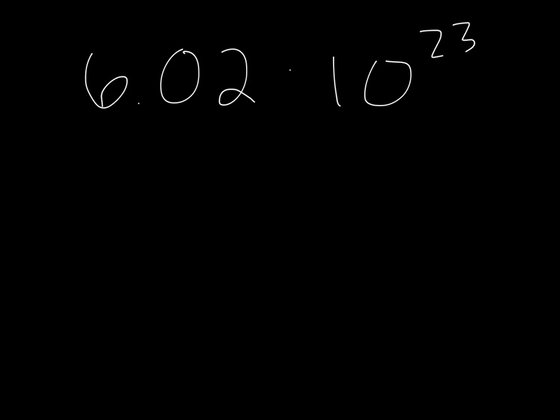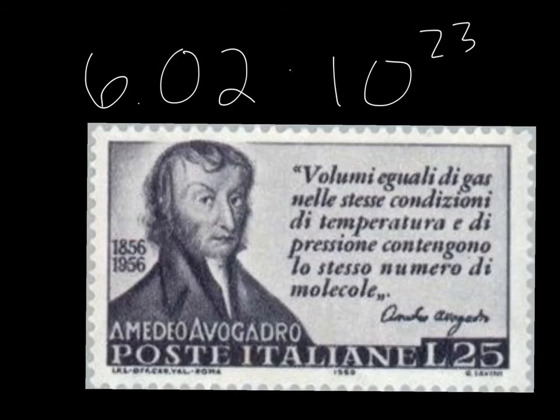But that number has another name to it. Chemists call this Avogadro's number. Avogadro's number, 6.02 times 10 to the 23rd, the number of particles in a mole. Well, this number was named after Avogadro because he discovered it, right?